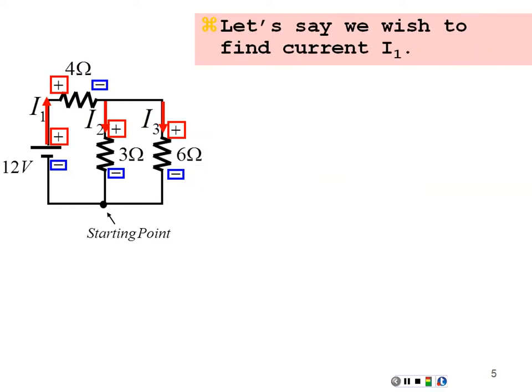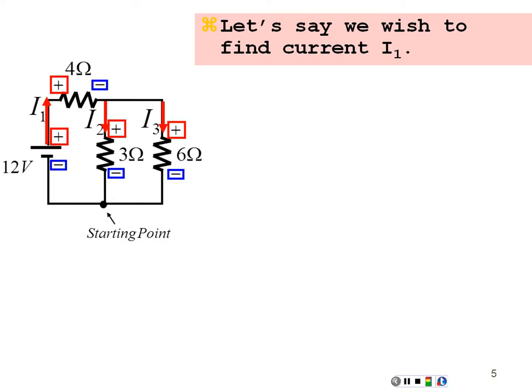Let's say we wish to find current I1, which is the current in the first branch. I really only want to look at the loops that have I1 in them. That's going to be the left loop and the outer loop.